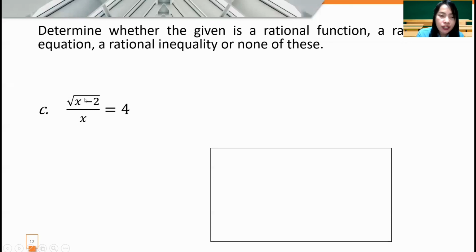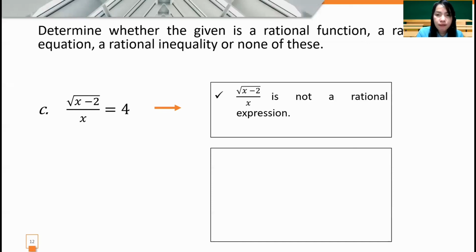So in the numerator, this is not a polynomial. Therefore, we can conclude from here that the left side of the equation is not a rational expression. Therefore, none of this. This is not a rational function. This is not a rational expression. This is not a rational inequality.